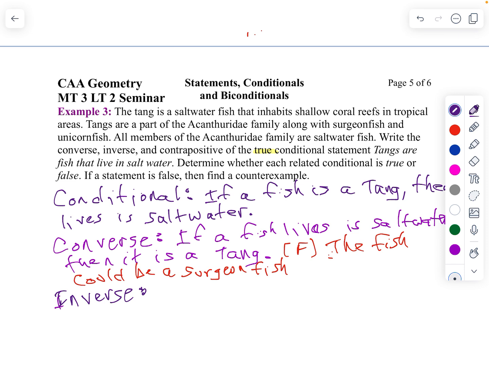So if a fish is not a tang, then it does not live in salt water.